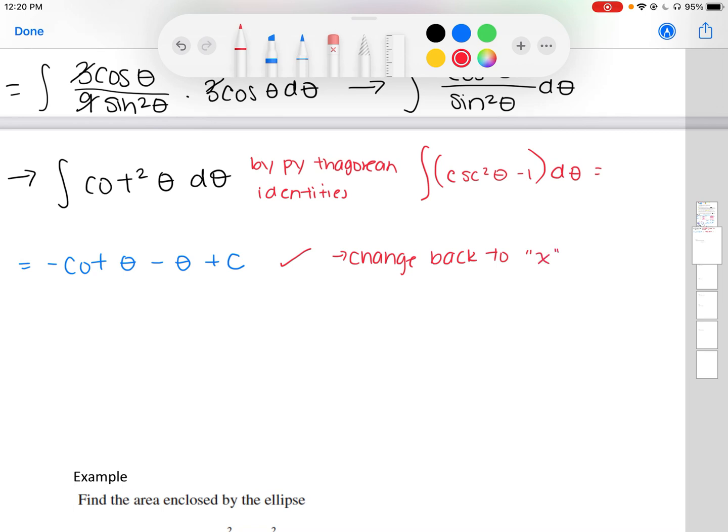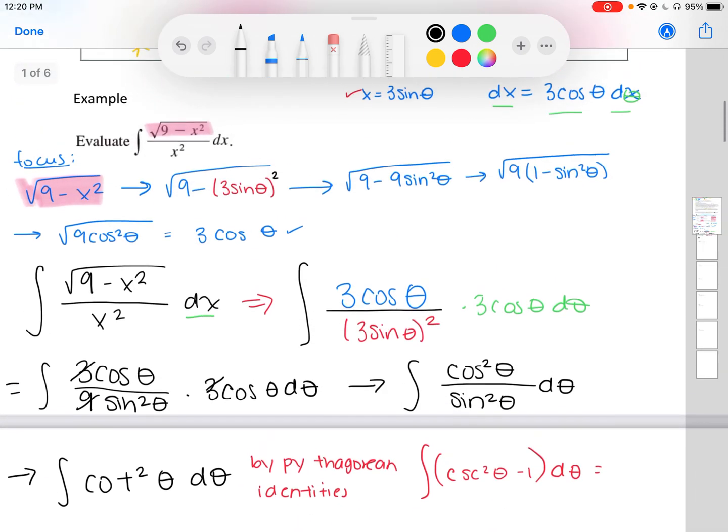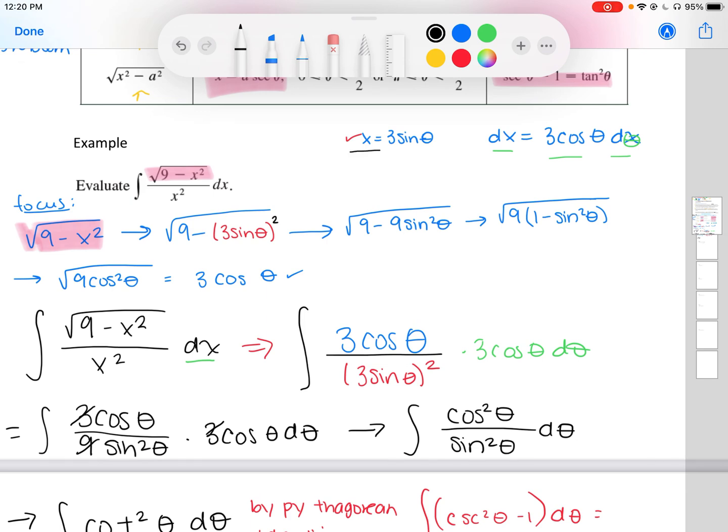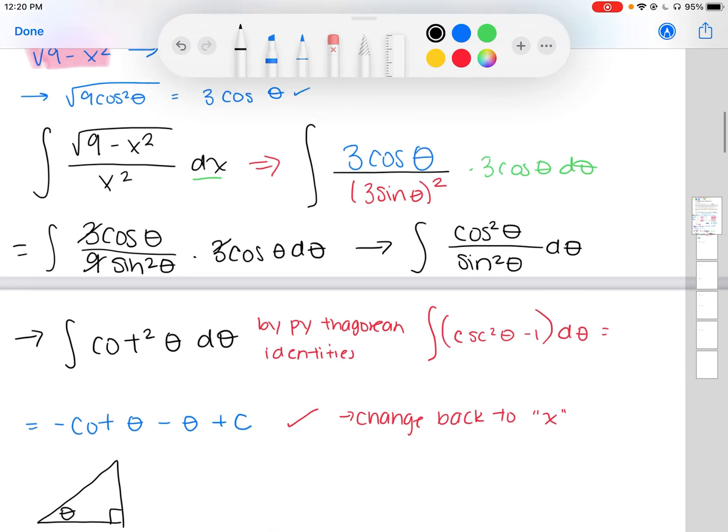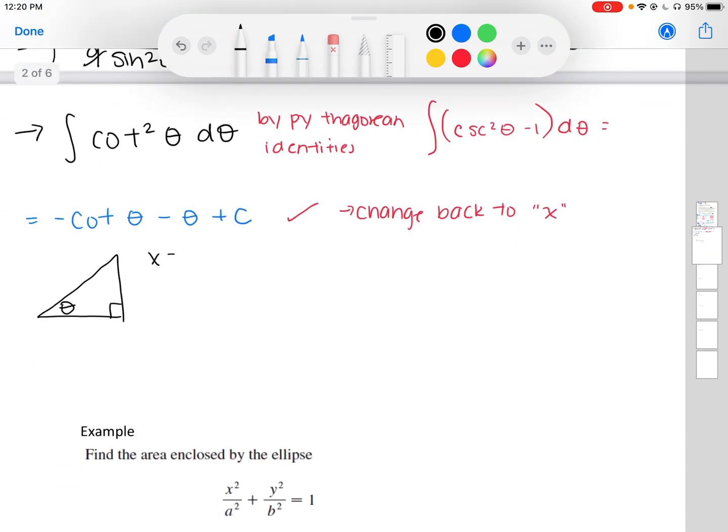To do so, we have to use our triangle. So if we have a triangle, you can draw any 90-degree triangle. Label whatever side that's not 90 degree to be theta. What did we say? We said that x equals 3 sine theta. Okay, we need to find cotangent using this information.